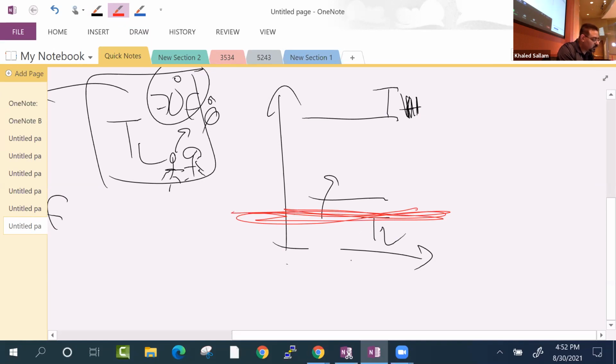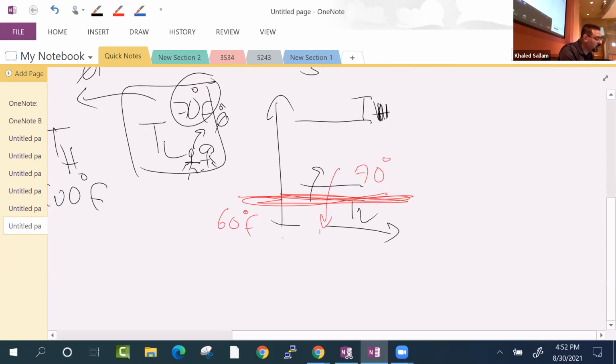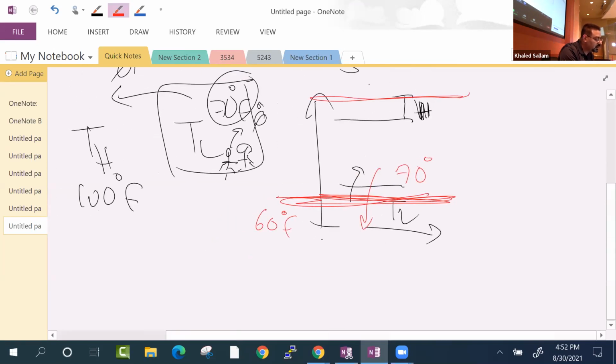If this is at 70, the only thing that will suck the heat from our classroom is something coming here at, say, 60 or 50 degrees Fahrenheit. Then the heat will fall to the thing. And the only way we can transfer heat to the 100-degree ambient is if we have something at, say, 120 degrees. Then the heat will drop from this guy to this guy.